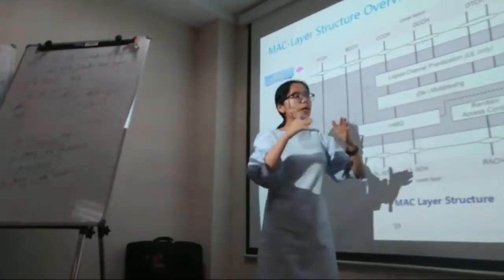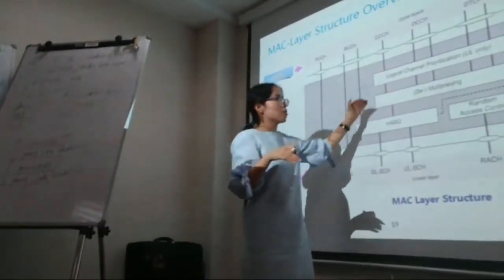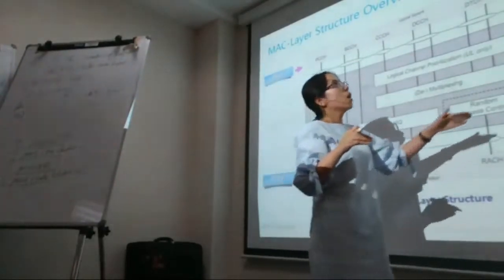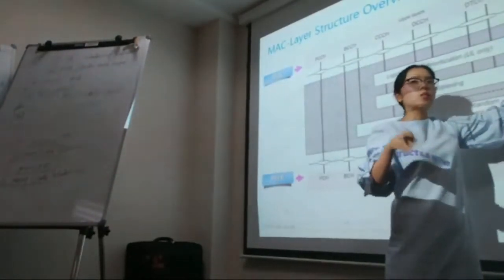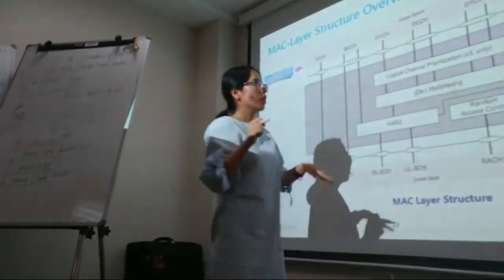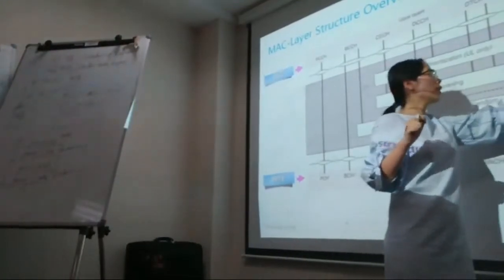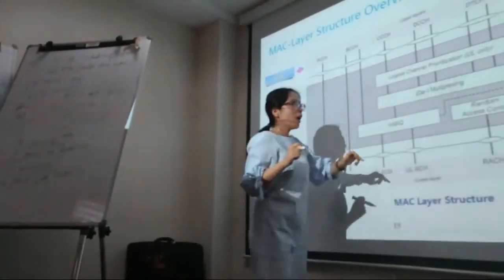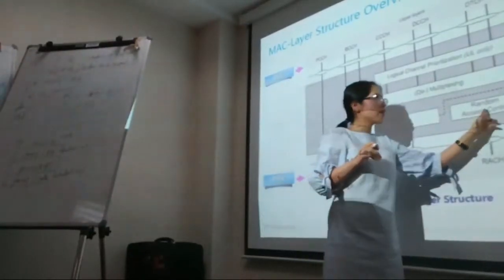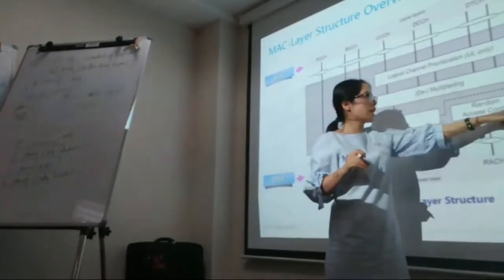And when we transmit in the MAC layer, besides this, the MAC layer also has some MAC CEs, which we name the control elements. And random access is initiated by the MAC layer. The MAC layer has a random access control.